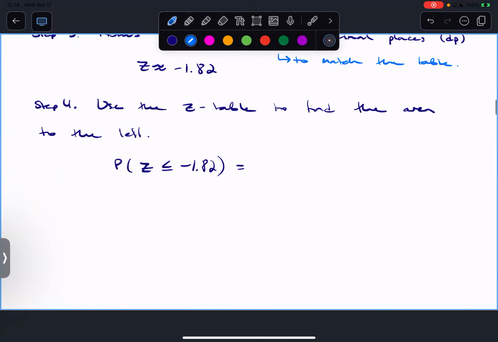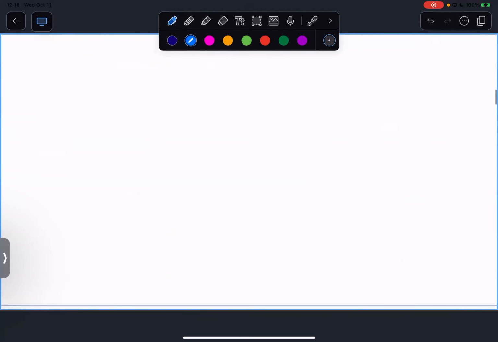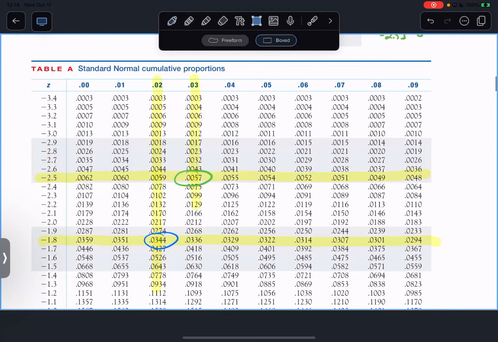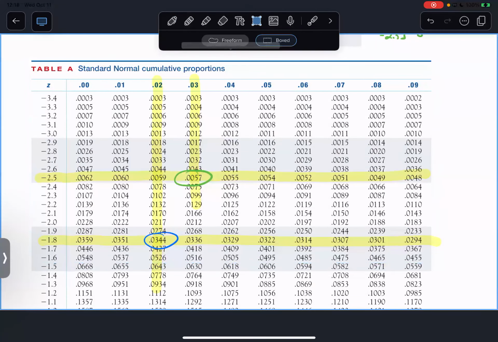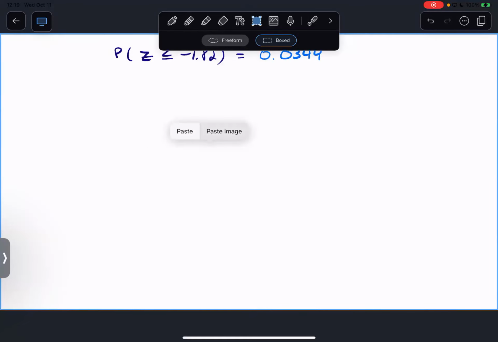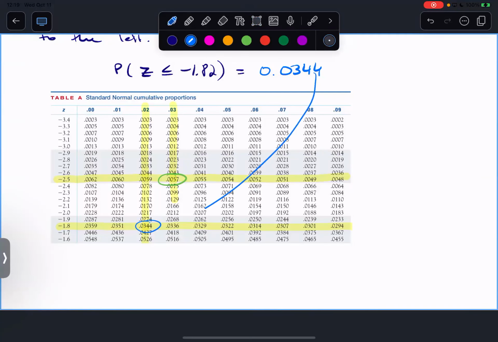Scroll all the way down. 0.0344. And hey, I still have 2 minutes. You don't want to be rounding those probabilities. They've given you 4 decimal places of precision, and you should probably take it. Put that in there.